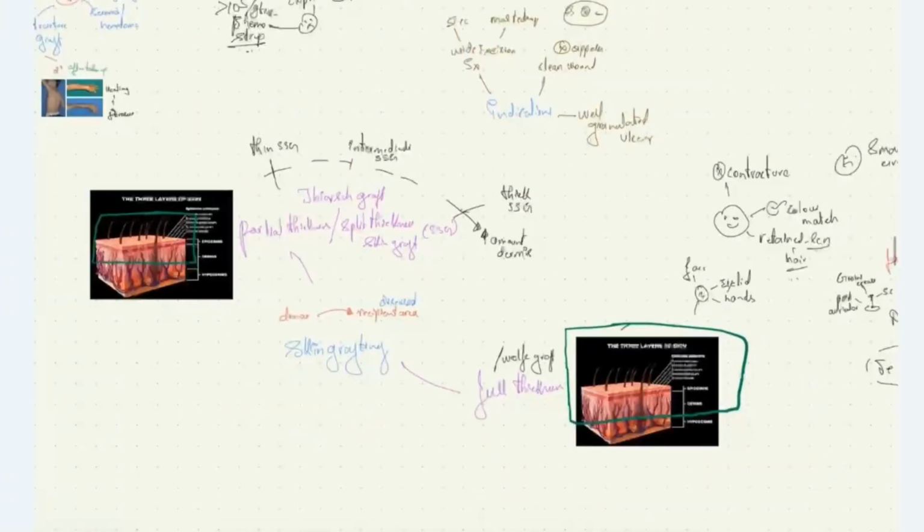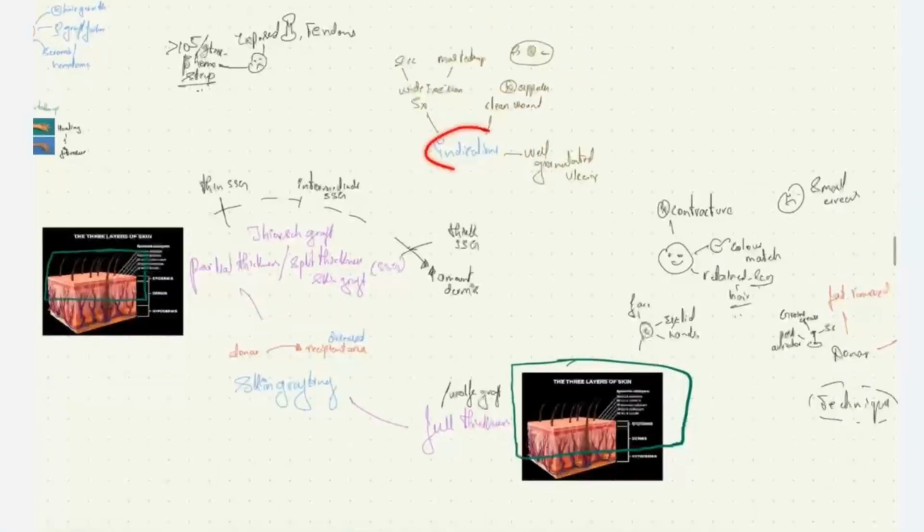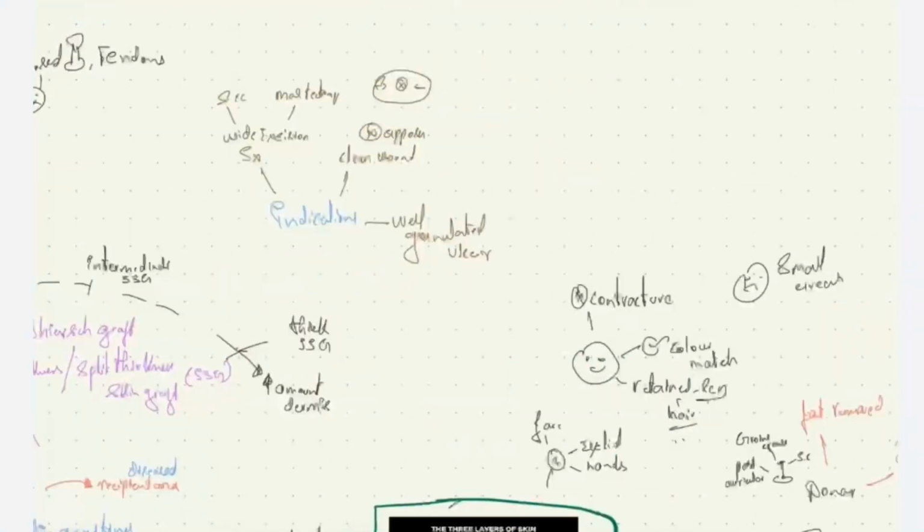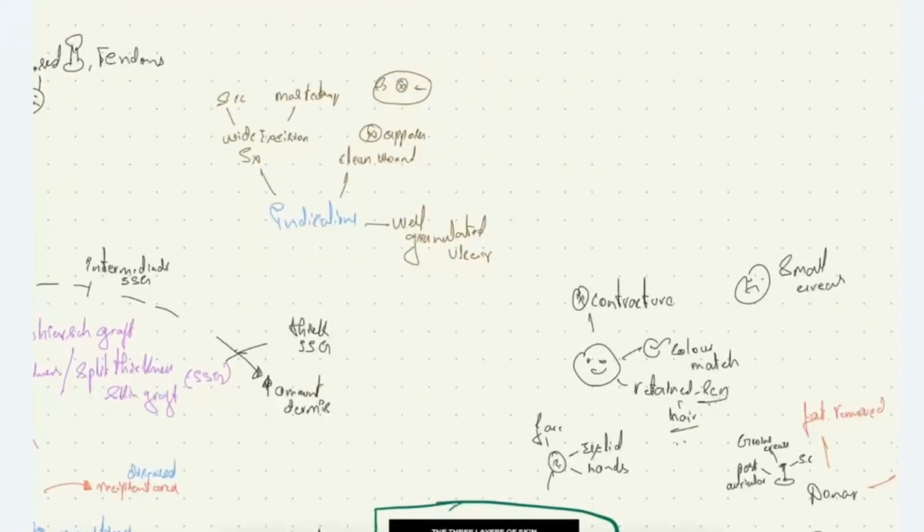What are the indications of split skin grafting or partial thickness skin grafting? The indications are: a well granulated ulcer. We saw in the Burns chapter that after 3 weeks of dressing, we will proceed to do split skin grafting. So a well granulated ulcer is a prerequisite.